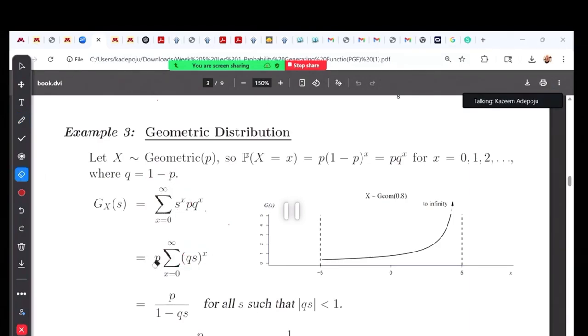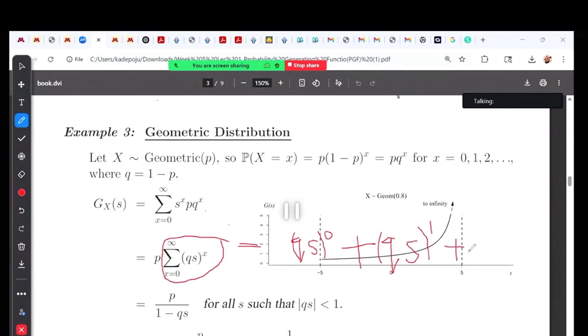When I have that guy, I'm actually going to apply, this is looking like a geometric series. Take a look at what I have in the parentheses: (qs) raised to power 0, plus (qs) raised to power 1, plus (qs) raised to power 2, and there we go all the way to infinity.